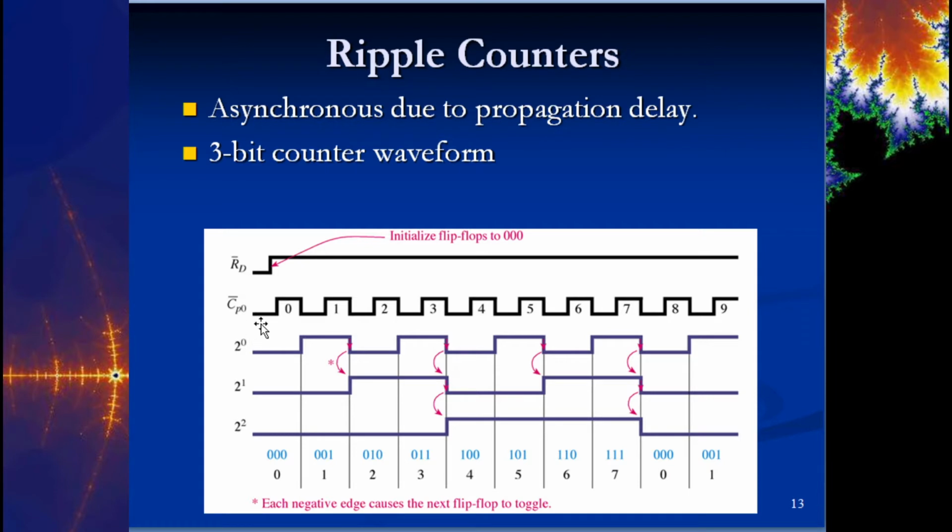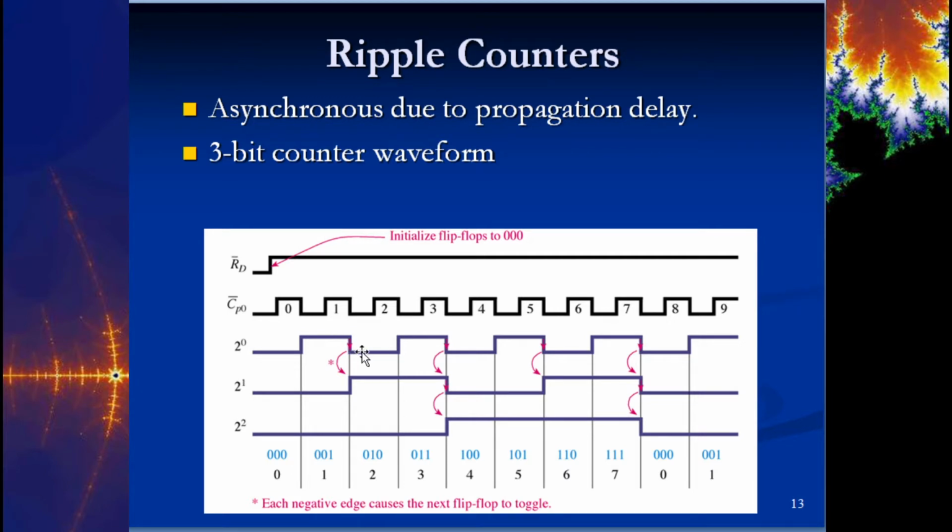Remember, this is negative edge triggered. That's why all these lines are on the falling edge of this clock. So there's the falling edge, falling edge. So you can see here, the falling edge of the first transition here, that's going to cause the first flip-flop to transition low to high. All right, now remember, these are negative edge triggered flip-flops, so this one is not going to change until the previous output Q here goes from high to low, right?